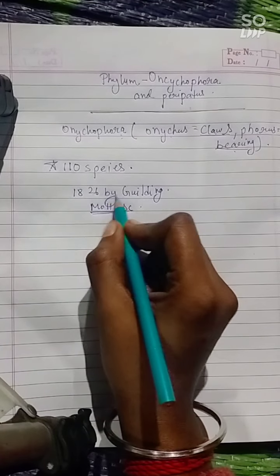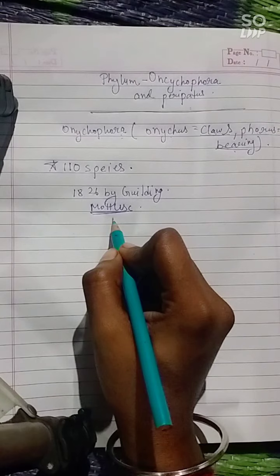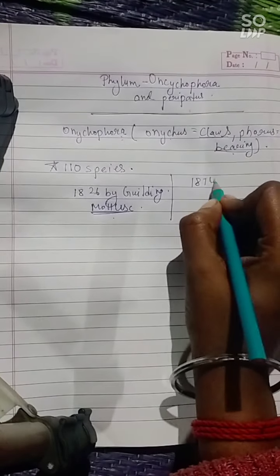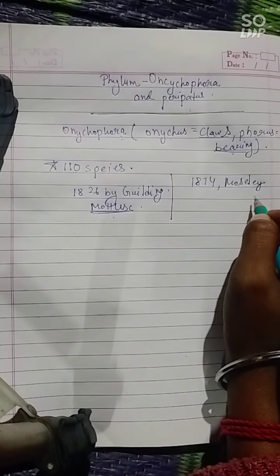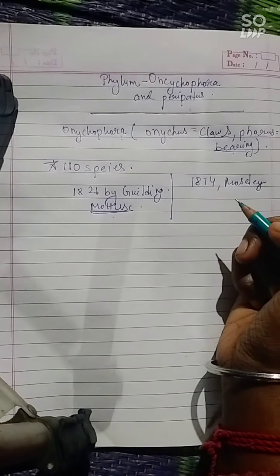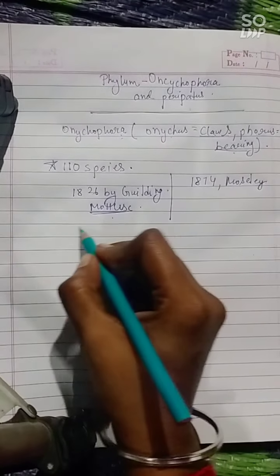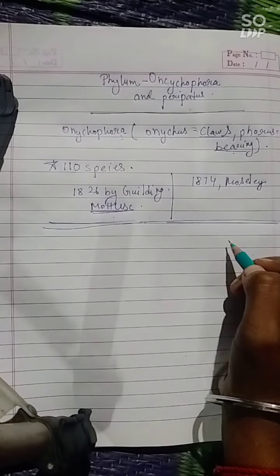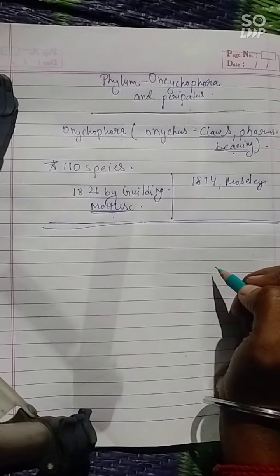In 1874, Moseley classified it as a primitive arthropod, discovering the trachea. These are some general terms which we have to learn and memorize.